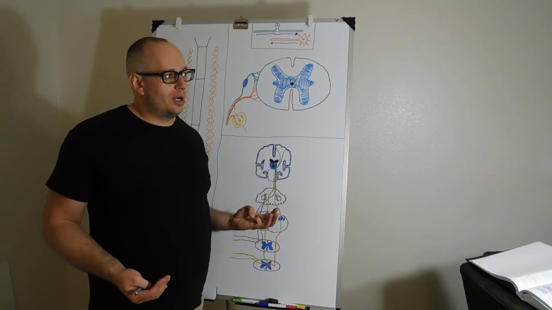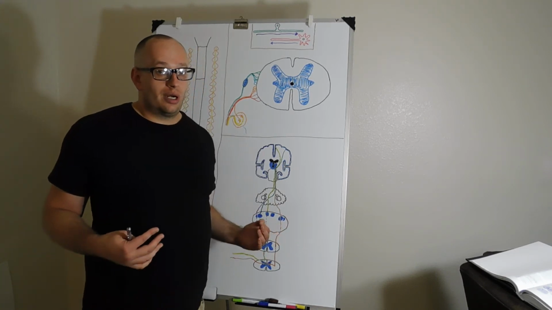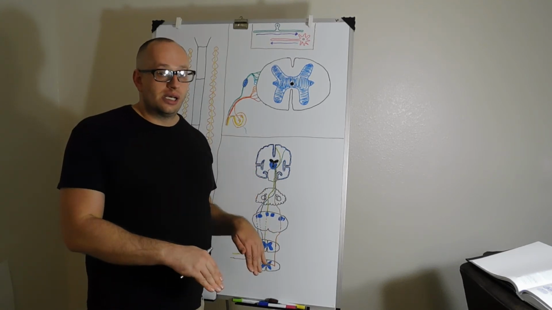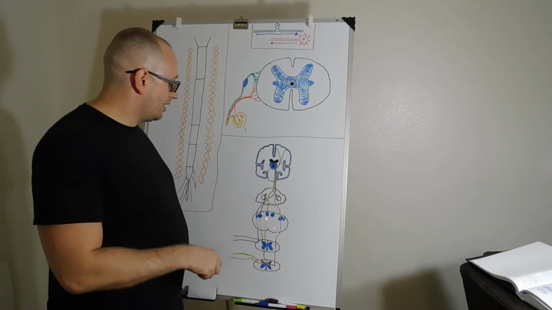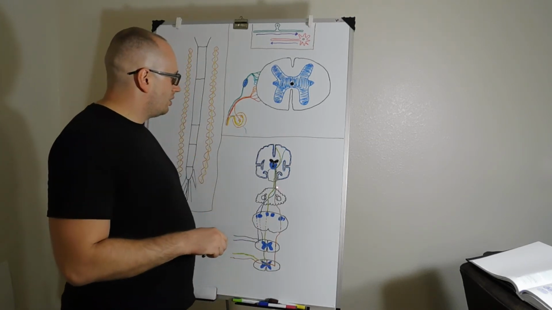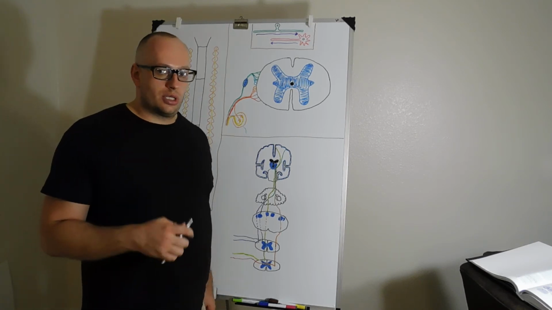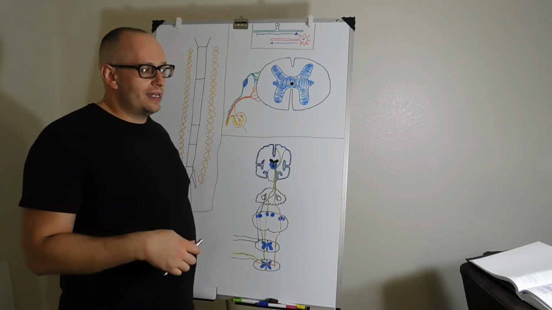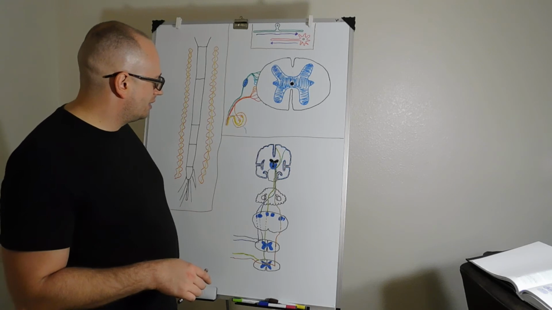It goes to other areas like the periaqueductal gray matter, which can feel pain and react to pain and send endorphins and cannabinoids down to the spine to help you not feel the pain as much. And it also goes up to the cingulate cortex, which is the medial aspect of the cerebral cortex, and also to the insula, which would be this part of the brain here.